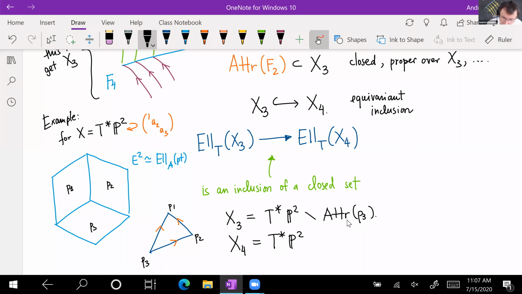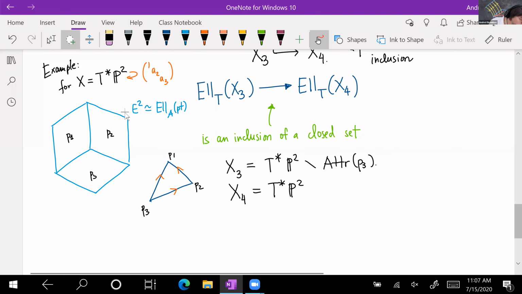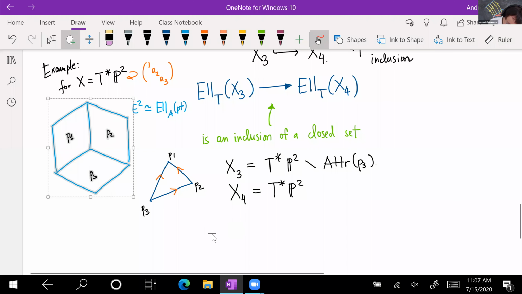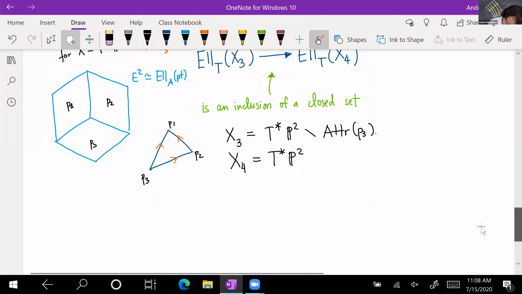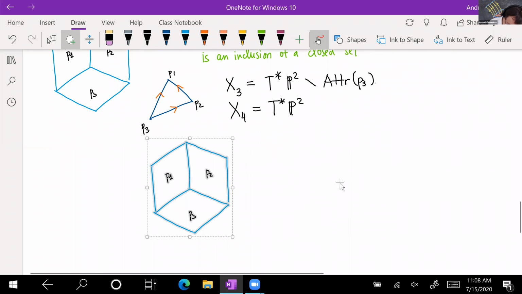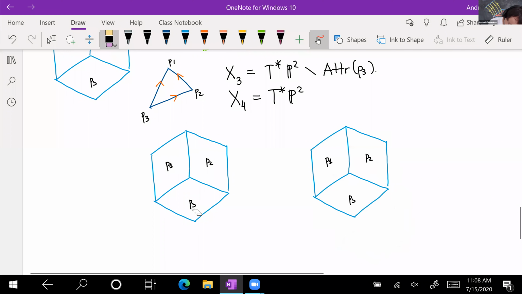And when I take out the attracting manifold of P2, that means I take out this piece, and so this means I take an inclusion. This is the map.